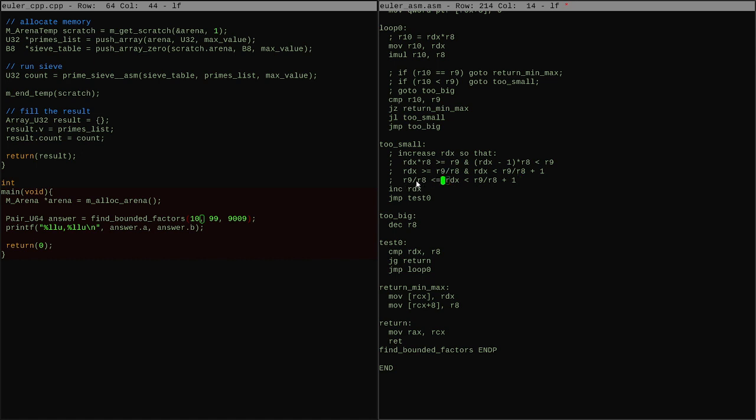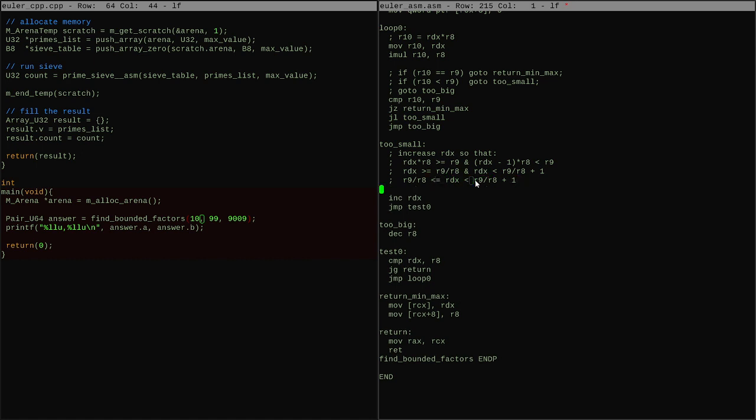So I've now bounded this on both sides, where on this side I have this ratio here. If that's an integer, then that'll be the value I want to pick. But if that's too small, RDX has to be an integer, but I can then go as far up as I need to. If this is not an integer, then this also won't be, but there will be an integer in between them, and that's the value of RDX. So what we want is that the new RDX value is the ceiling of R9 over R8, right?